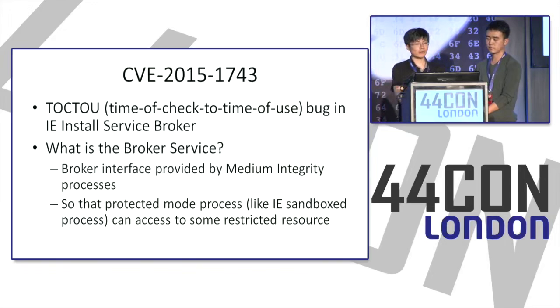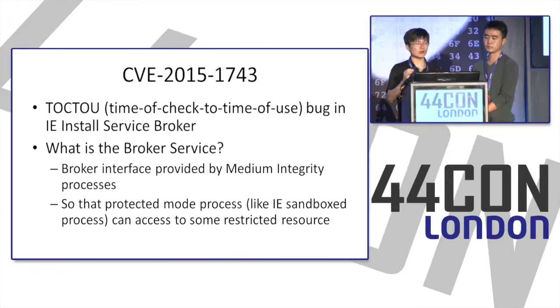As we mentioned before, an app container process can only access very limited system resources, but sometimes these processes still need to access some resources to provide their normal functionality. And there are some medium integrity level processes which provide such access to the app container processes.